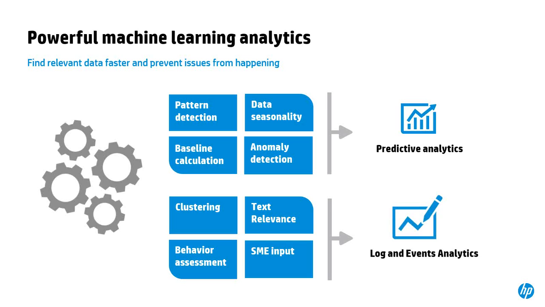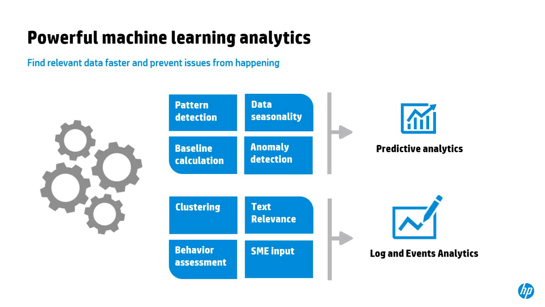In our predictive analytics, we have a self-learning engine that is able to detect patterns, see where your data is going, but also account for seasonality. So depending on your business, if certain times of day or certain times every week have patterns that are indicative in your business, it'll know that and learn those patterns over time.